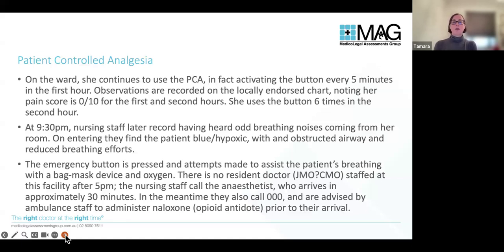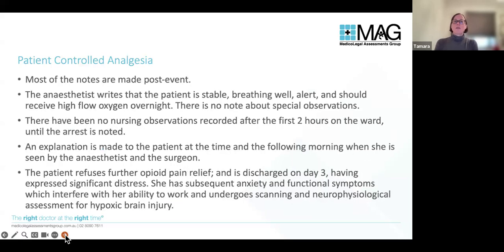It's not really their wheelhouse, and it is actually the ambulance staff who advise these nurses that they can give naloxone. We'd be familiar with naloxone as the opioid antidote, which is used in hospitals as well as for recreational overdoses. Obviously, most of the notes are post-event, and the anaesthetist writes that everything's good, nothing to see here, and doesn't make any particular recommendations about any special monitoring, etc.